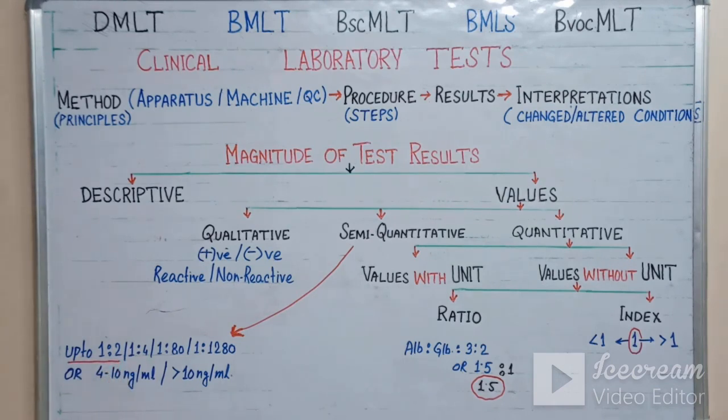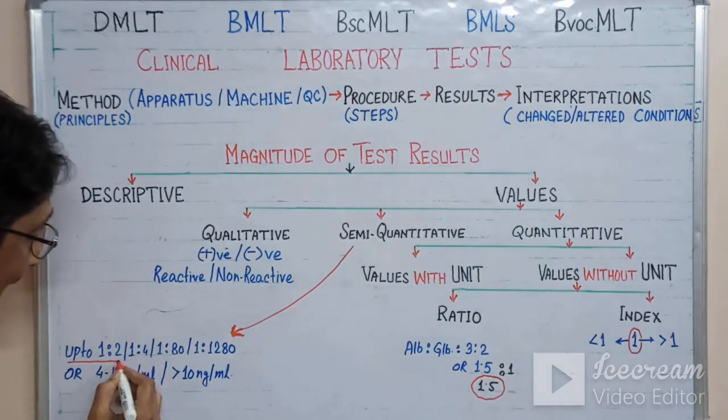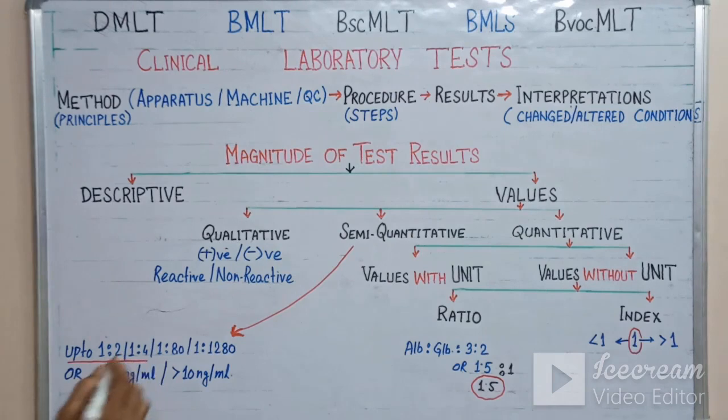Now, if your sample is positive at 1:2 and positive at 1:4, then I have to dilute 1:8. If it is negative at 1:8, then I am going to write that it is reactive up to 1:4.